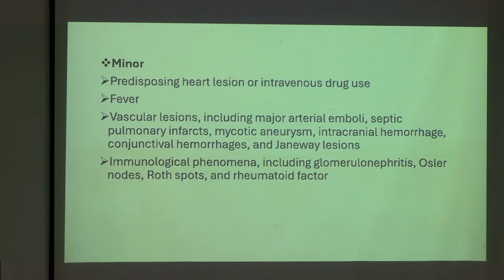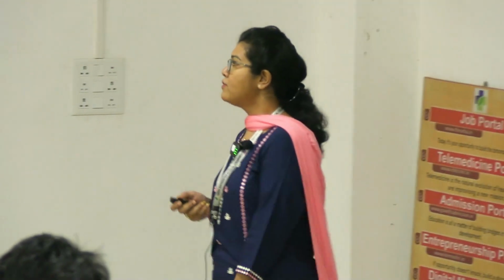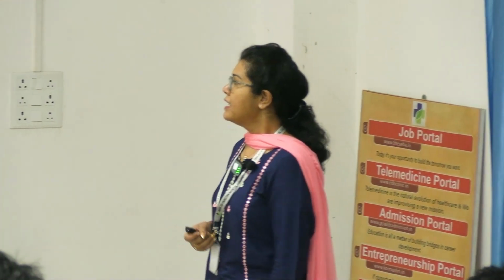Then is immunological phenomena including glomerulonephritis, Osler's node, Roth spot. These things for the vivas are very important. Janeway lesion, Osler's node, Roth spot. Examiners will ask in viva what these are, okay. I will explain it in the next slides. Then is microbiological evidence including a single culture positive for an unusual organism, okay.